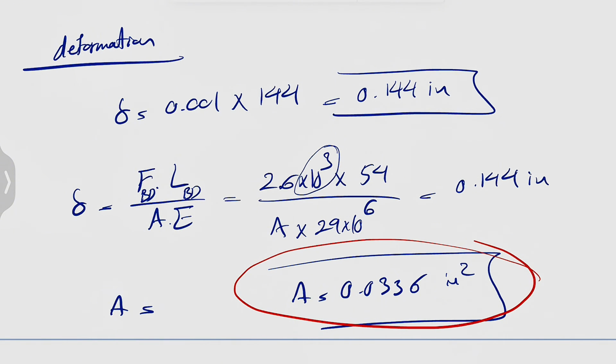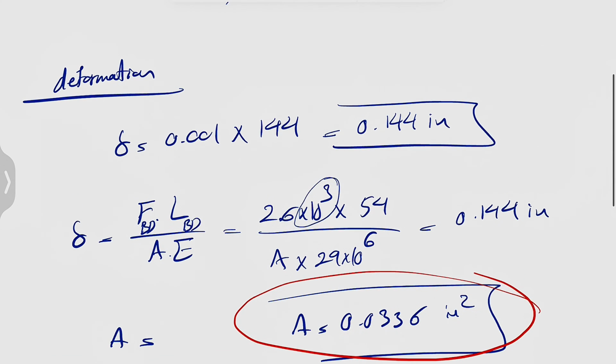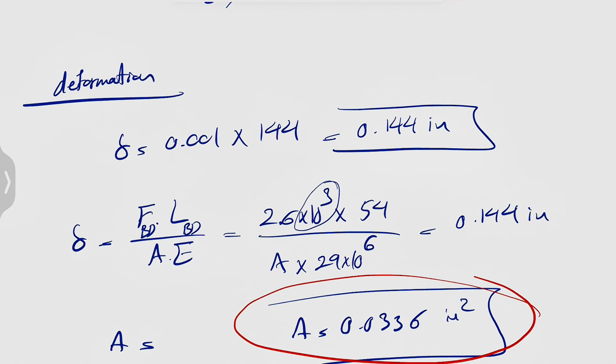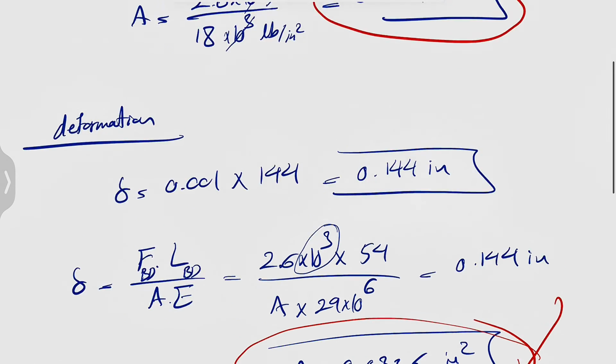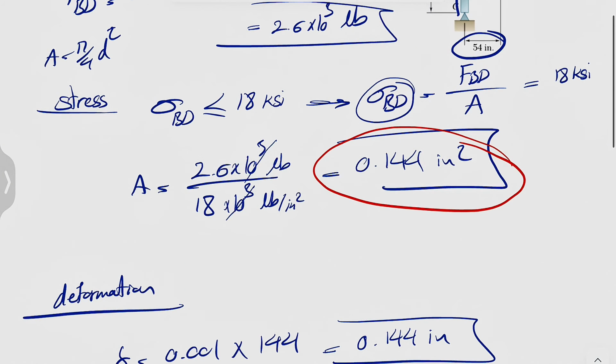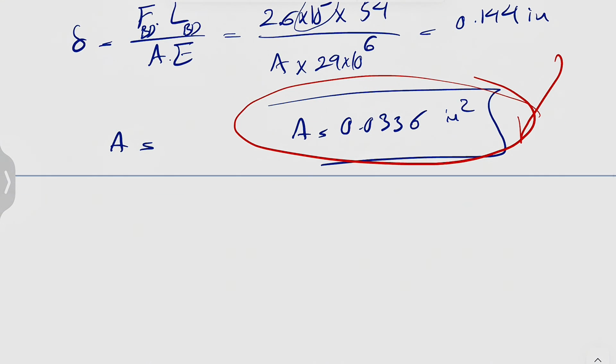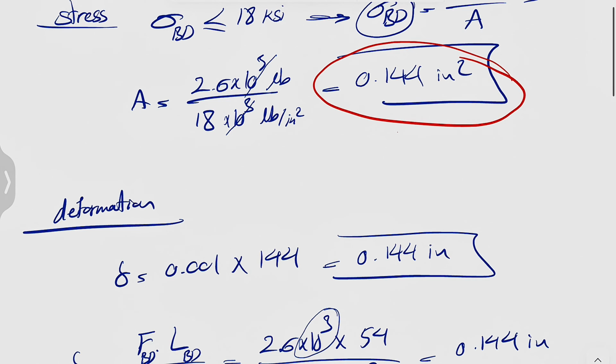But we cannot do that. We actually have to go with the larger area. The reason is that if we go with the smaller area, it's going to give us a stress more than 18, which is going to fail the system. So this time we actually have to go with the area that is largest.